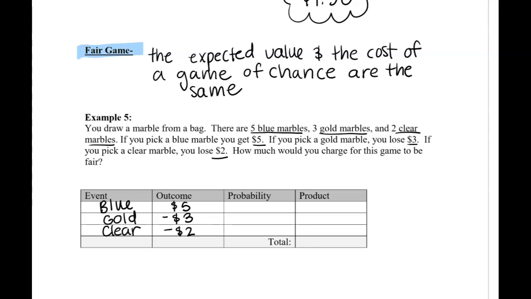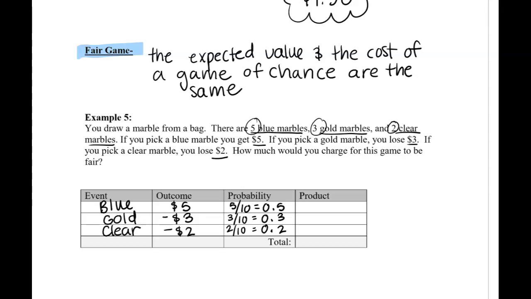Probability, well, there's 10 total, right? 5 blue plus 3 gold plus 2 clear. So blue is a 5 out of 10 probability, 0.5. Gold, there are 3 of those, so that's 3 out of 10, or 0.3. And there are 2 clear marbles, so 2 out of 10, or 0.2.